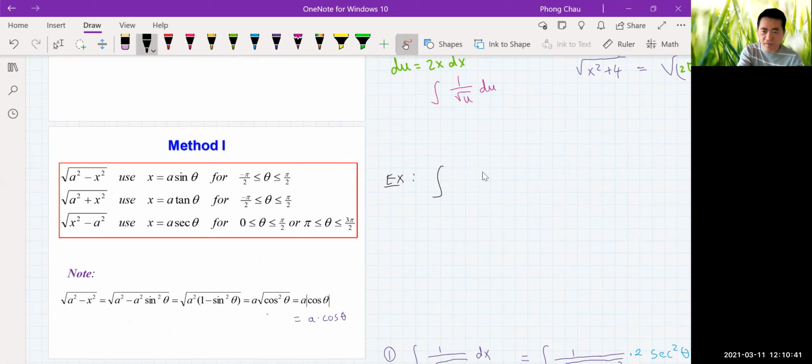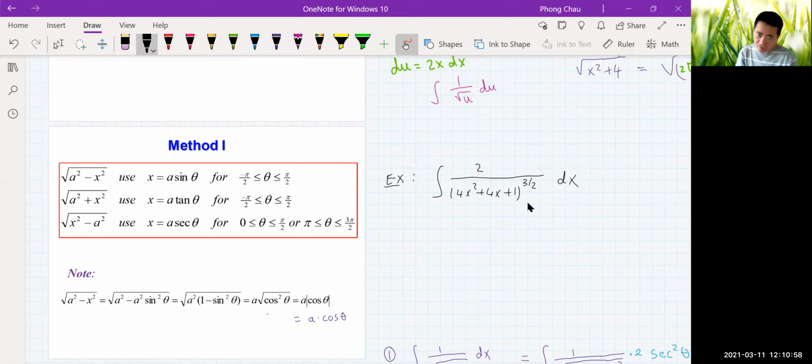So instead of 2 over the radical, you might have 4x squared plus 4x plus 1, say to the 3/2 power. That's also a trig substitution.